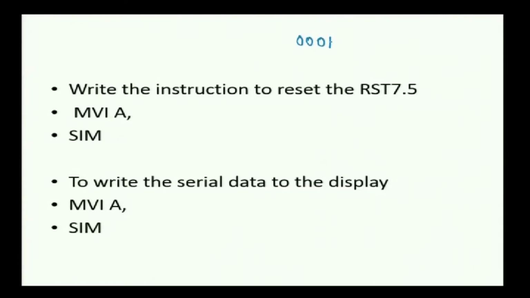Here you write 1 for resetting the condition, then enable all interrupts, so the 3 interrupts are also available. Now the value is 18, where H represents a hexadecimal number. So, to reset RST 7.5 you have to write MVI A comma 18H, then write the SIM instruction.